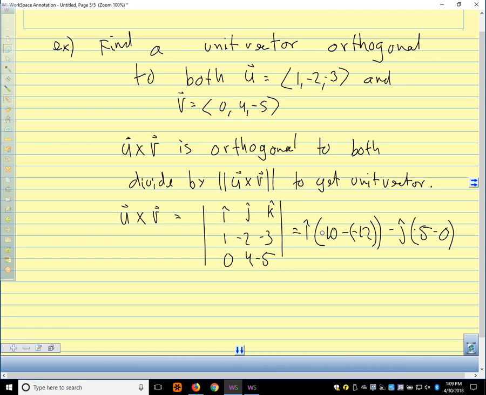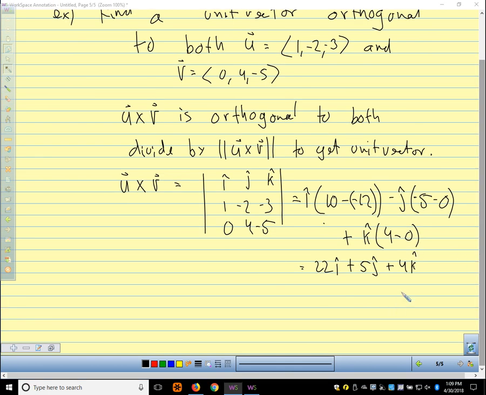This should be positive 10 minus -12. J hat should be -5, minus 0, plus k hat. This is why I always write it down, because it's easy to make those kinds of mistakes. K hat times 4 minus 0. So we get 22 i hat plus 5 j hat plus 4 k hat.